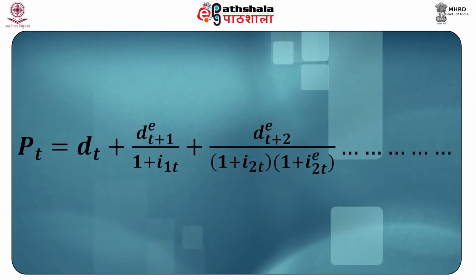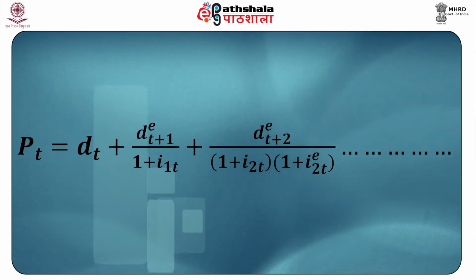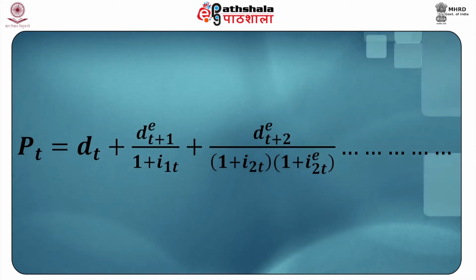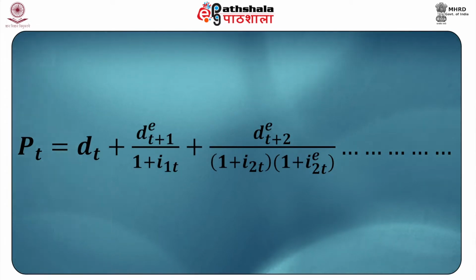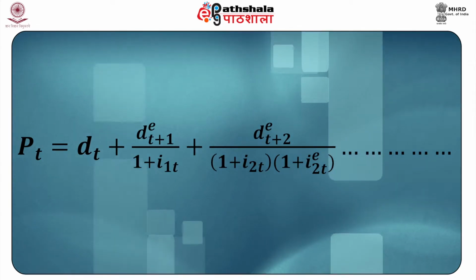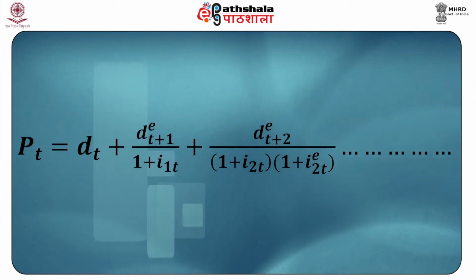A stock promises a sequence of dividends in future. Hence, a stock price must equal the present value of future expected dividends. So let P_t be the price of the stock. Let D_t denote the dividend this year and D^e_{t+1} the expected dividend next year.